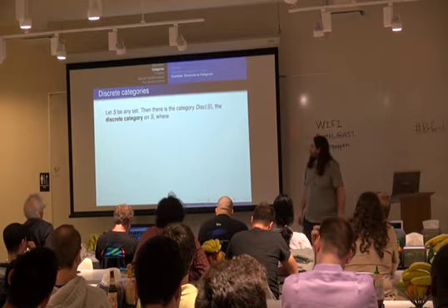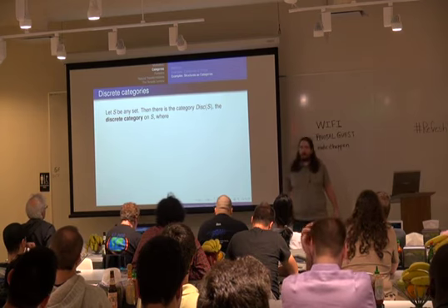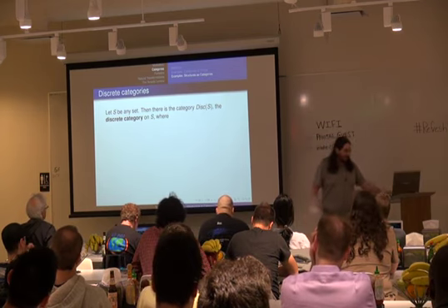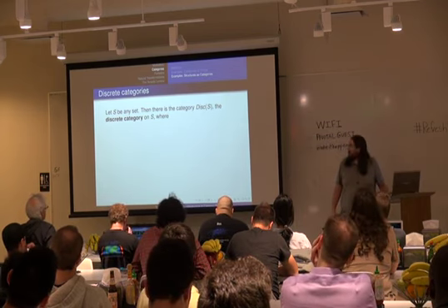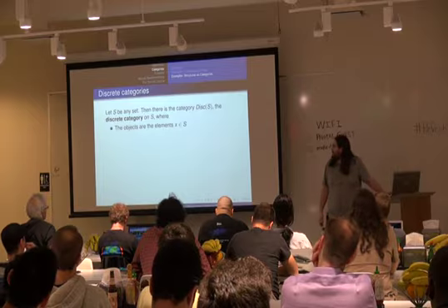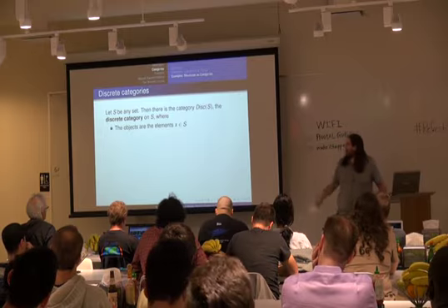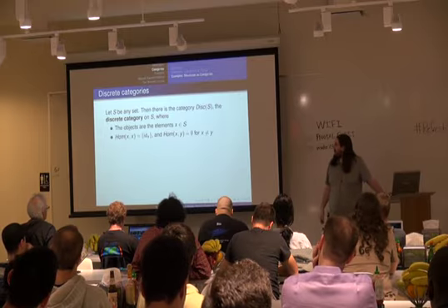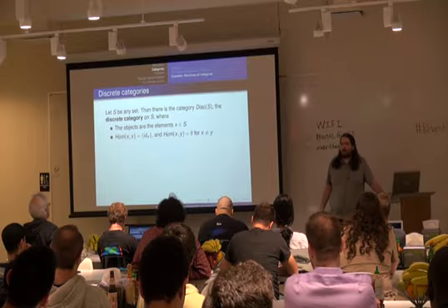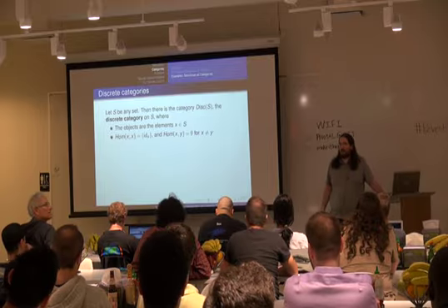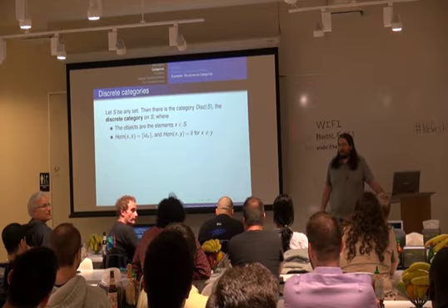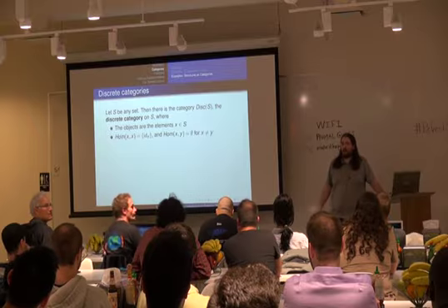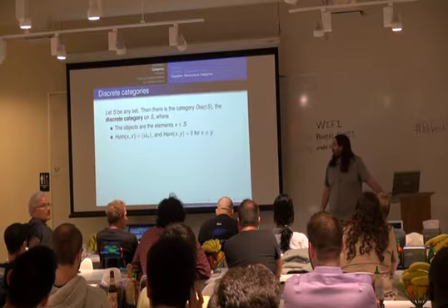So first, every set can be turned into a category. This is something called the discrete category, and you'll soon see why. So the objects are just the elements, and there aren't really any interesting morphisms. It's just identities. You just have a morphism from x to y if x and y are the same thing.